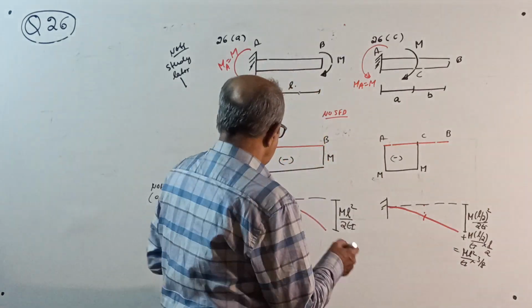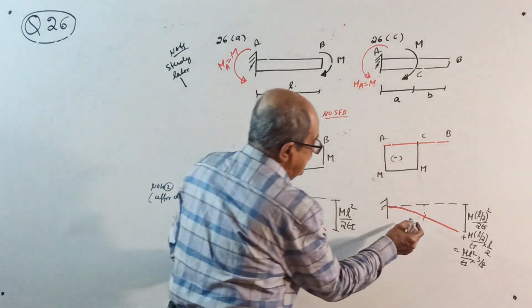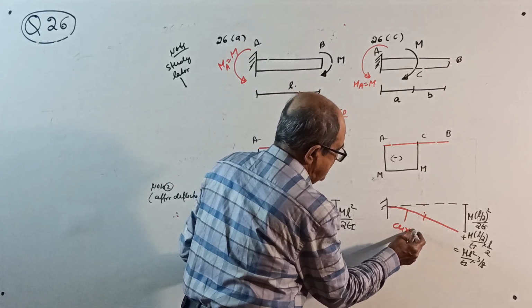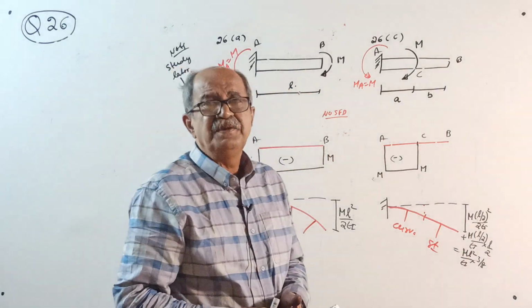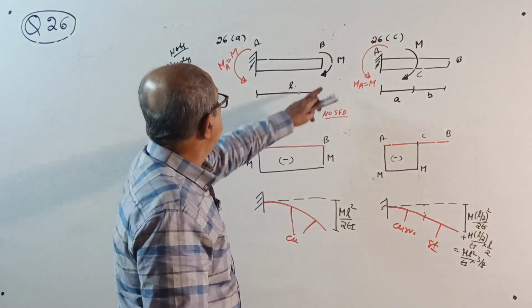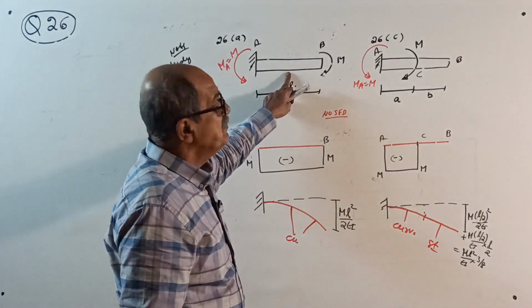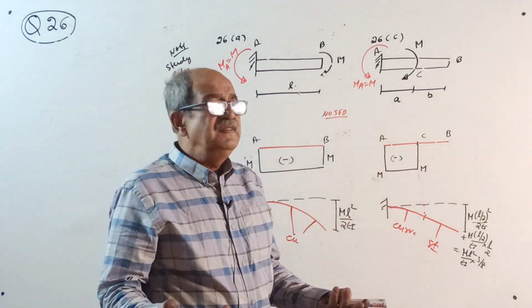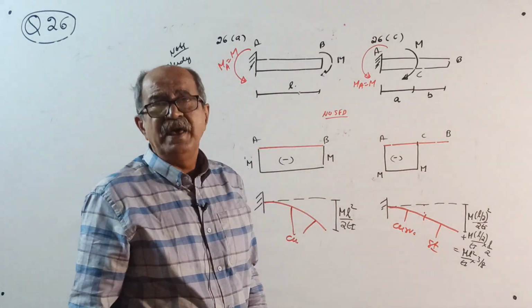Here, this is full curvature. Here, this much is curvature. This is a straight portion. The reasons you study in deflection of beams. That means if a couple is given here, you cannot transfer it somewhere else randomly, saying that since the reaction comes the same, you can take the couple wherever you want.